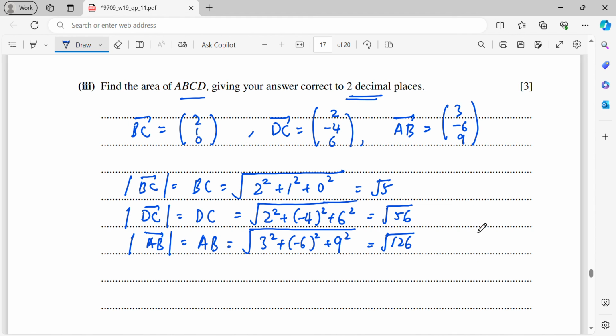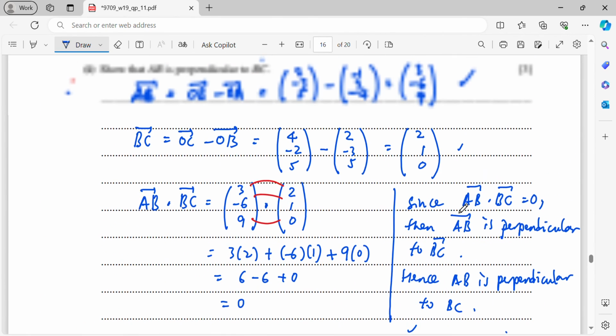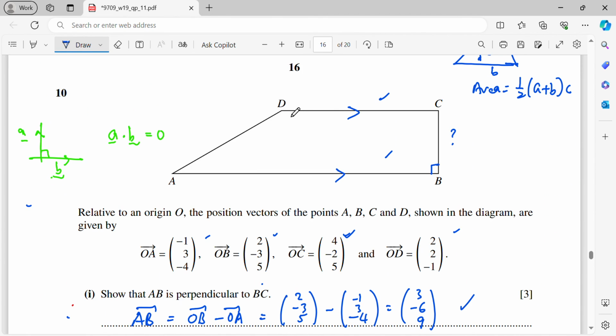Okay, since now we have found the lengths, the area of the trapezium ABCD is half of DC plus AB times BC, right?